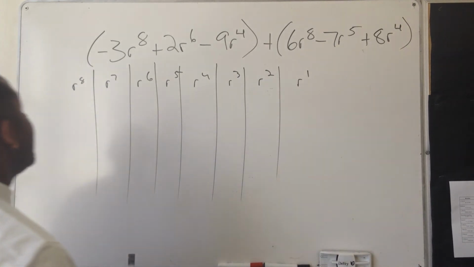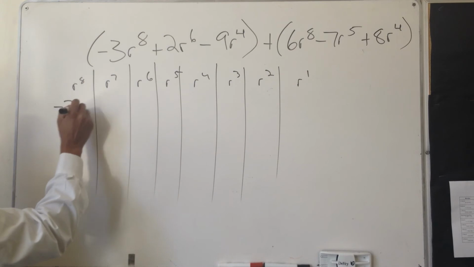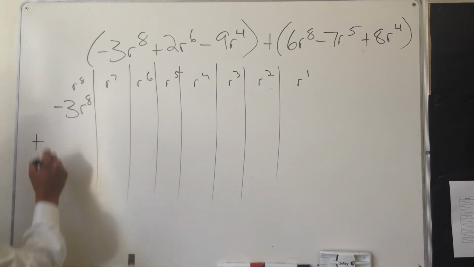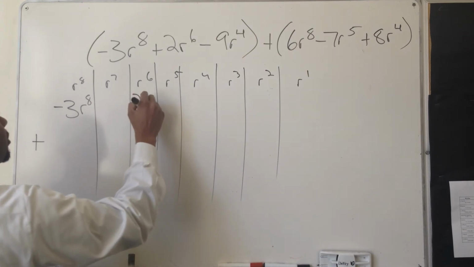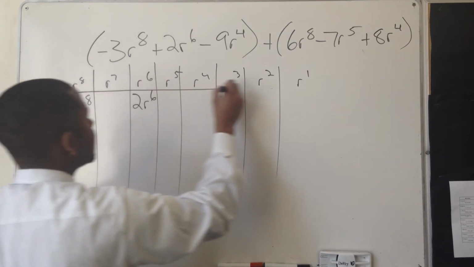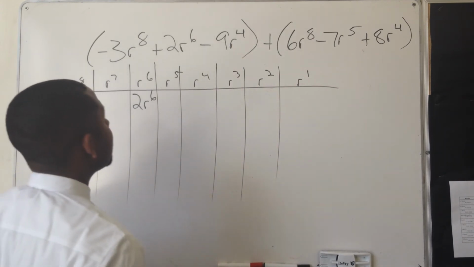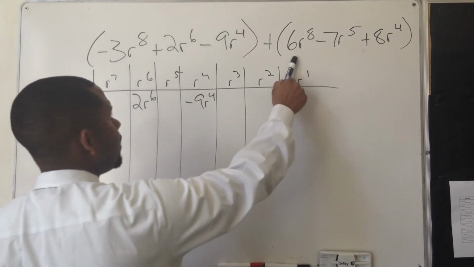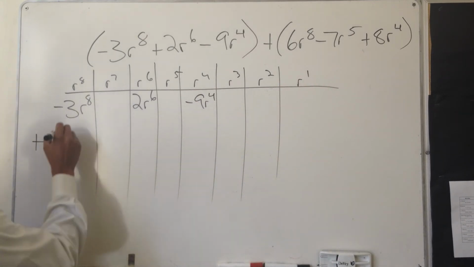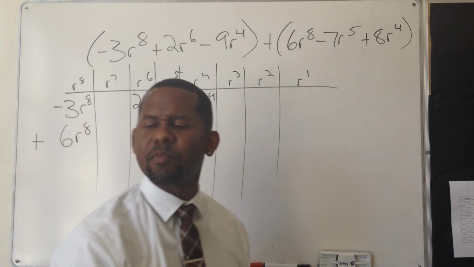So, negative 3r to the 8th goes in my r to the 8th column. 2r to the 6th goes in the r to the 6th column. Negative 9r to the 4th goes in this column. 6r to the 8th goes in my r to the 8th column.